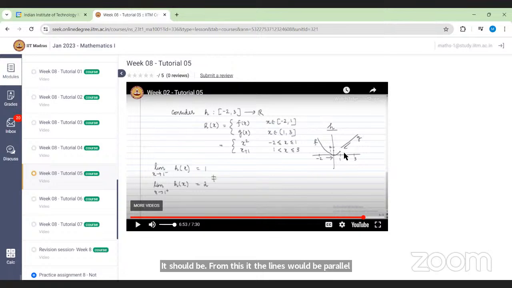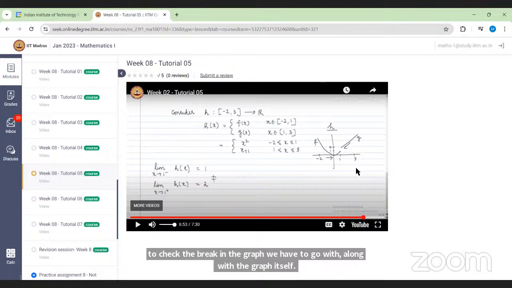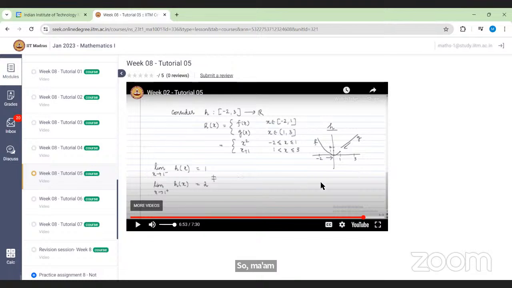Check the break in the graph. To check the break in the graph, we have to go along with the graph itself. Approaching 1, it will be along the x-axis only, no? Yes, it is happening along the x-axis, but we are moving along the graph. That's why she drew an arrow there.